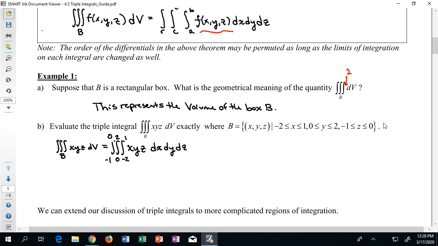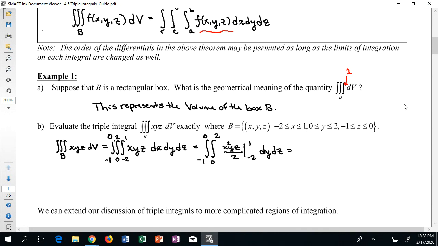And then I could just start integrating one at a time, just like I would have before. So I'll have this double integral sitting on the outside still, but I can do that innermost integral with respect to x. Of course, that's going to give me something like x squared yz all over 2, and I'll evaluate that from -2 to 1, and then I'll still have my dy dz after.